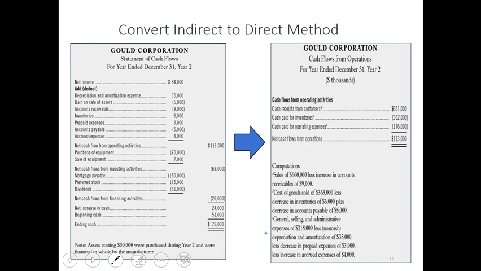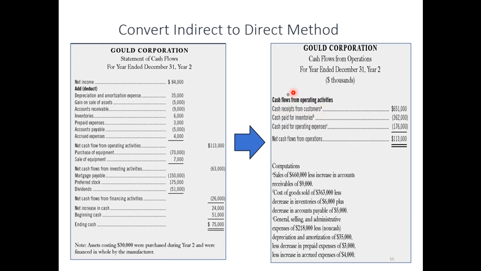Nampak ni, dia tunjuk convert indirect to direct method. Ini maksud dia daripada net income, dia akan tambah atau tolak semua yang non-cash item. Lepas tu baru dia akan buat operating, investing and financing. Ending dia tetap akan sama. Okay, so kalau macam direct method, dia start terus daripada cash flow from operating activities. Sebab tu you akan tahu dalam operating activities ni ada apa. Okay, receipt of customer.